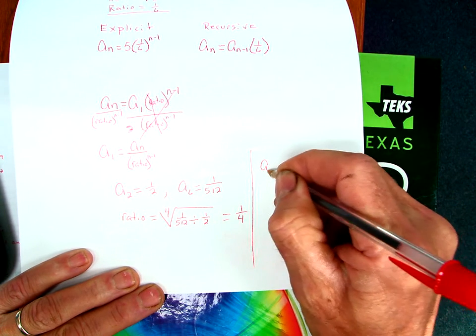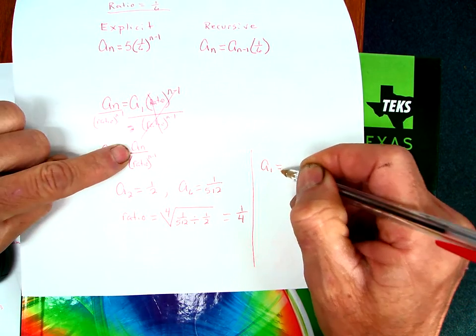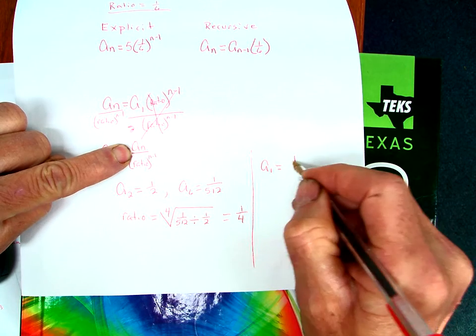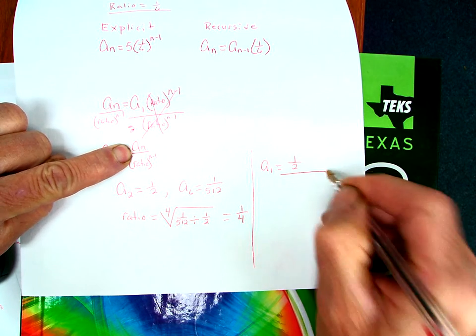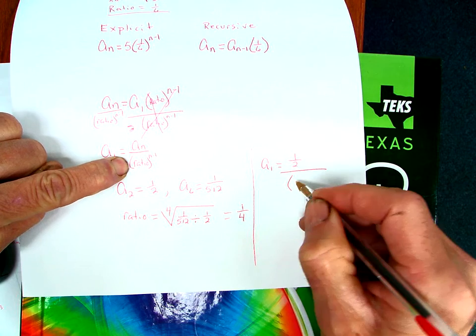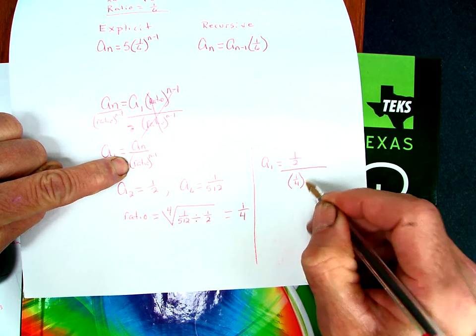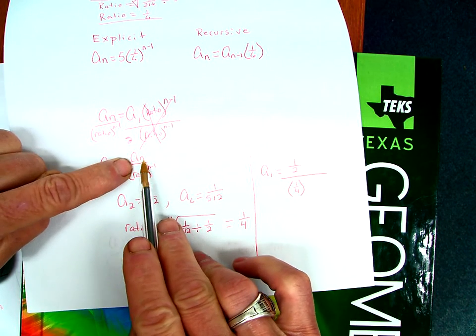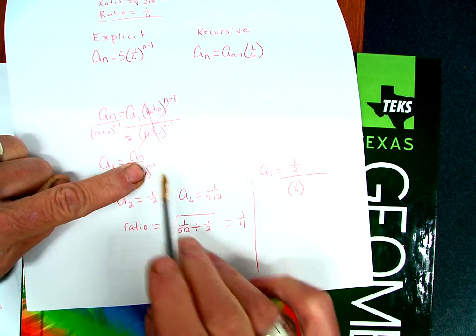So a sub 1 equals... I need the value in that element, 1/2, being divided by, now my ratio was 1 over 4, being raised to this element's index minus 1.